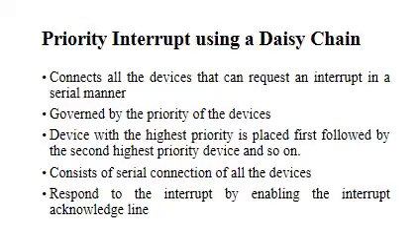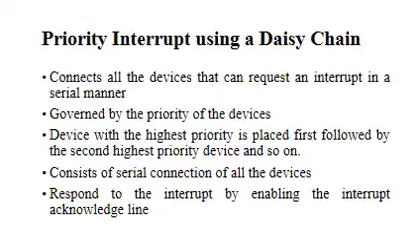The daisy chaining method involves connecting all the devices that can request an interrupt in a serial manner. This configuration is governed by the priority of the devices. The device with the highest priority is placed first, followed by the second highest priority device, and so on.